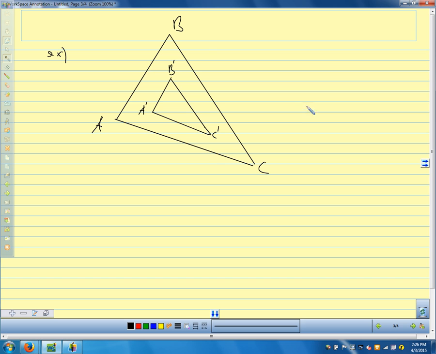And I'm going to tell you this is a dilation, D by some scale factor of triangle ABC. Is it an enlargement or a reduction?